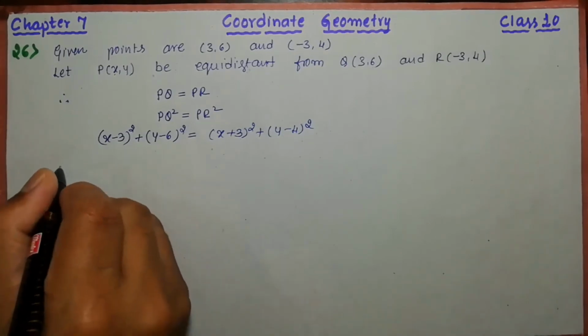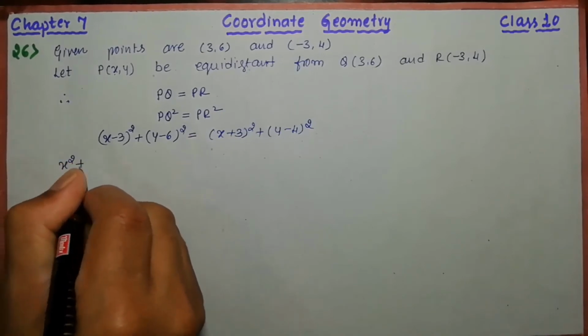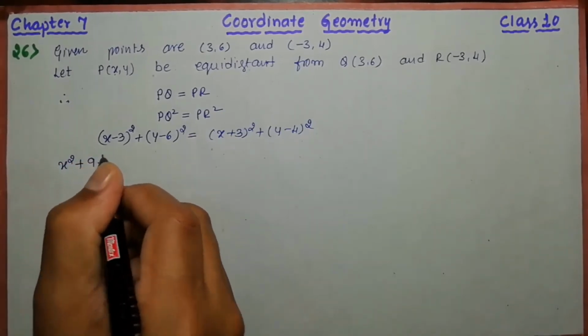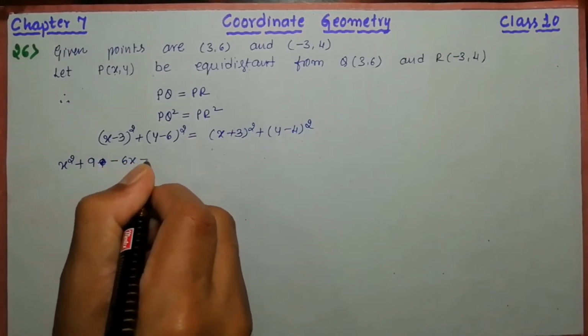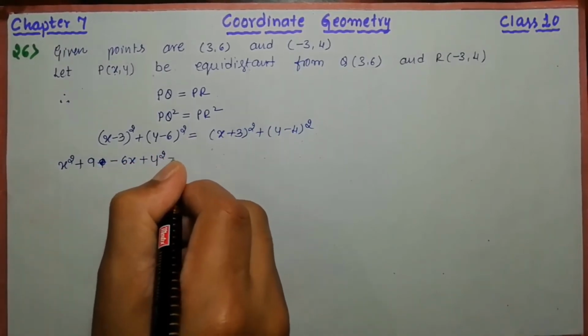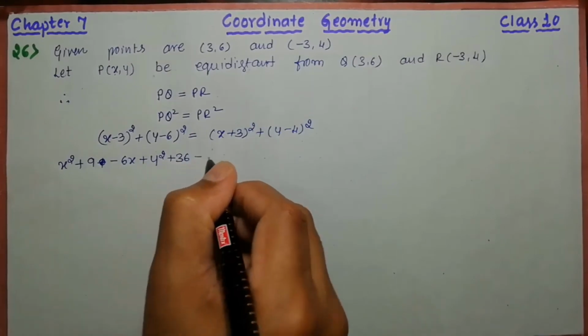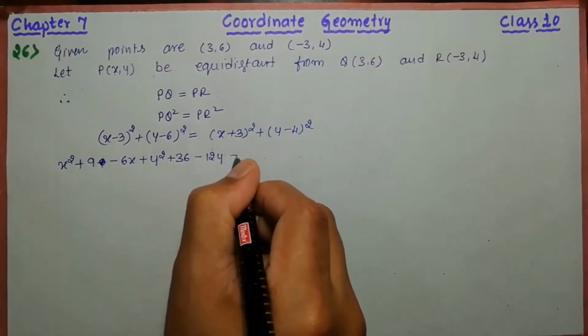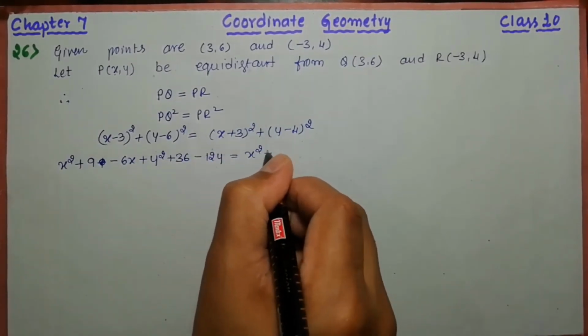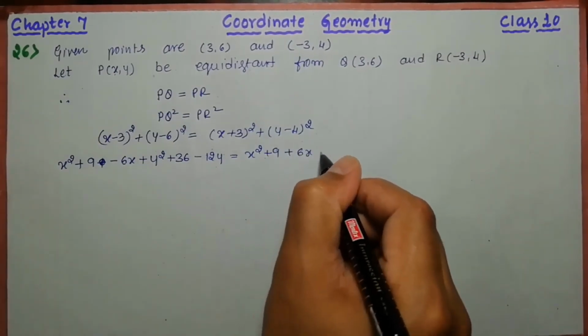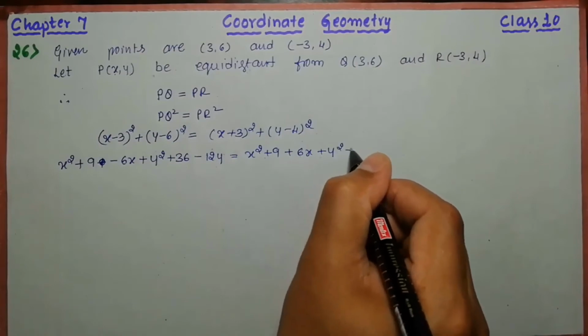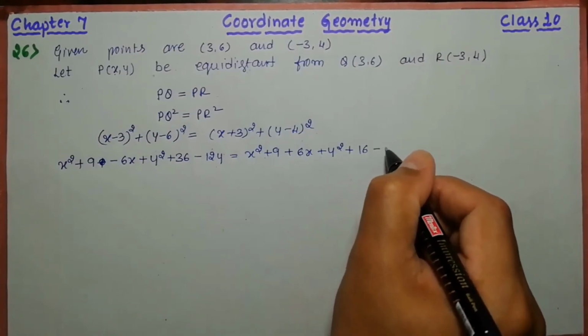It becomes x square plus 9 minus 6x, and y square plus 36 minus 12y, equal to x square plus 9 plus 6x plus y square plus 16 minus 8y.